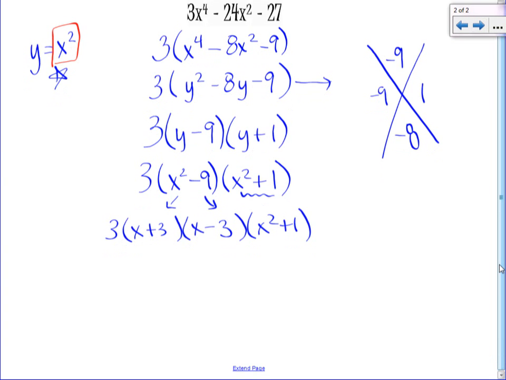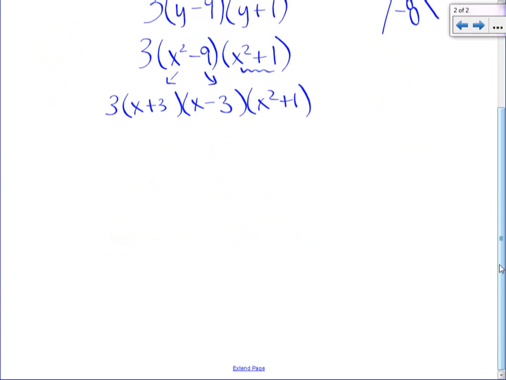So when you get to number 8 on the homework, you won't have to do this one. We have 30x squared y plus 5xy minus 10y. All right, so our first step always is what? What can we take out?